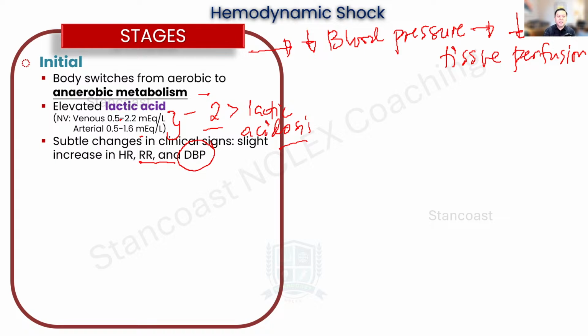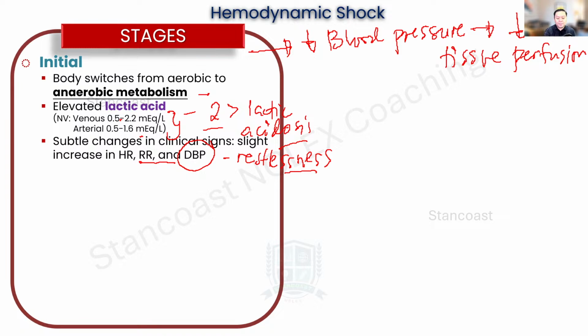You might also find in a scenario that they put restlessness as one of the symptoms. Restlessness is another early sign, or they might call it listlessness. They're quite similar, all right? Restlessness or listlessness.